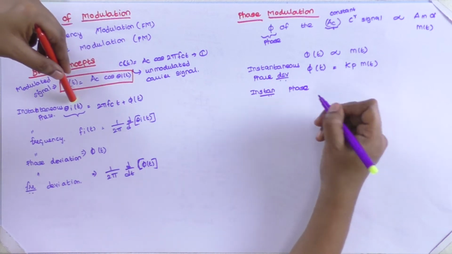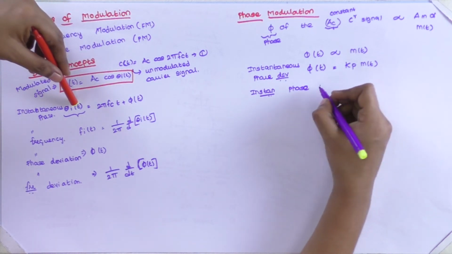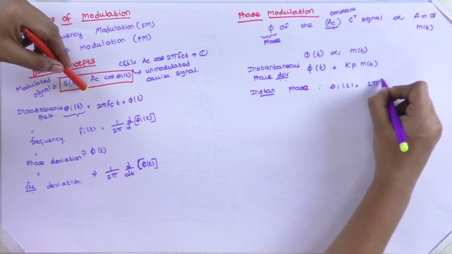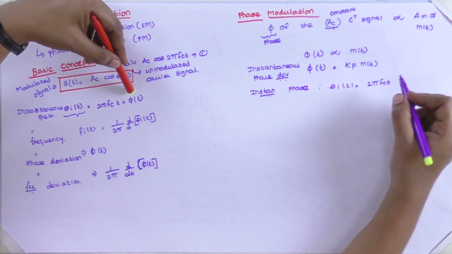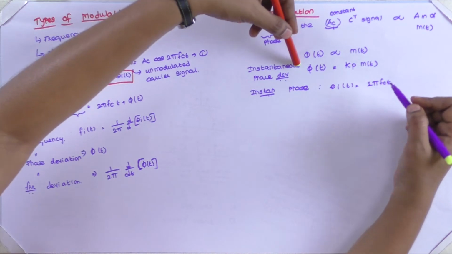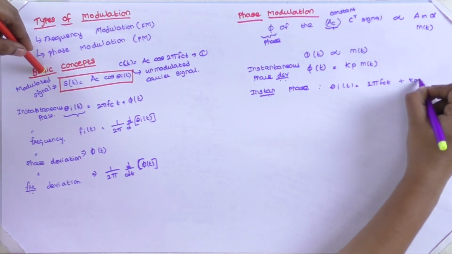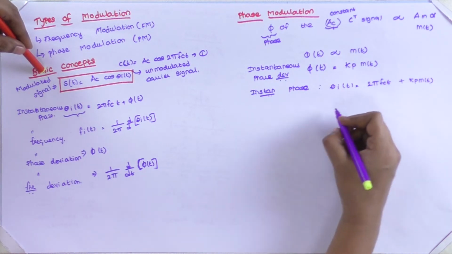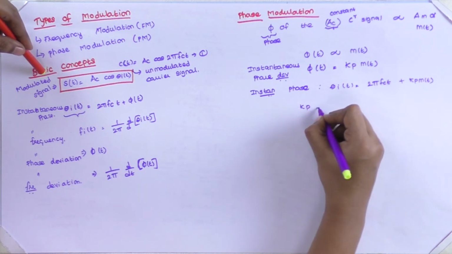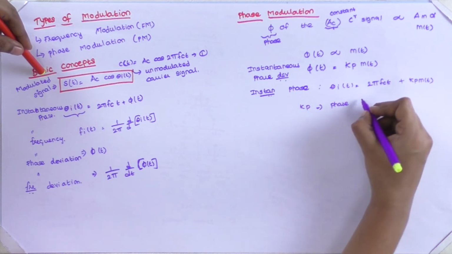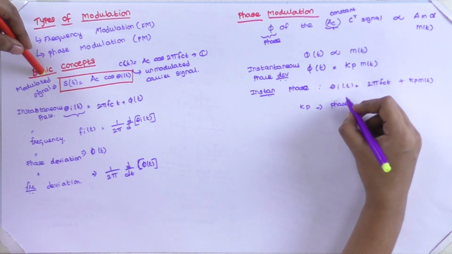We know the formula: what is our instantaneous phase? Theta i of t is equal to 2 pi fc t plus phi of t. Just now we have seen our instantaneous phase deviation is Kp into m of t. Therefore, plus Kp into m of t. We have not defined what is Kp. Kp is the phase sensitivity factor, similar to the amplitude sensitivity factor Ka in amplitude modulation.